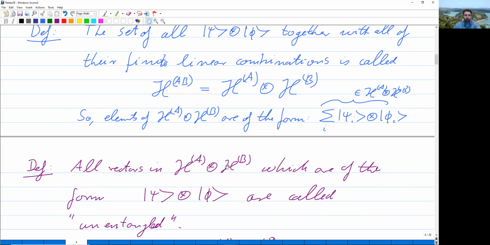Of course, ultimately, we want to see that HAB has its own full Hilbert space structure. We know that this must be possible because everything in quantum mechanics, everything in the universe, is quantum mechanical, and therefore, whatever Heisenberg cut we choose, we get a quantum system with its own Hilbert space. So our aim here is to build up that Hilbert space of the system AB from the Hilbert space structure of HA and HB.